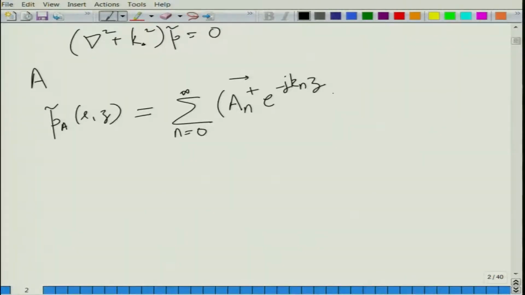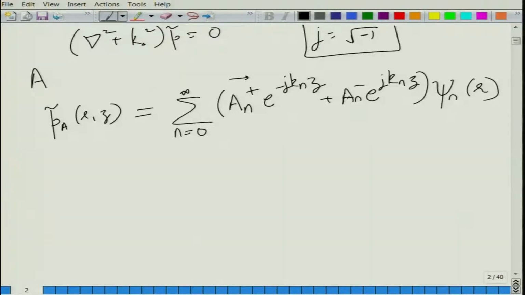So, k_n, I will tell you what k_n is, and a_n minus again is the negative propagating wave coefficient, and this is your xi_n(r). As usual, j is root over minus 1, so keep that aside, and a_n plus and a_n minus are the modal amplitudes.